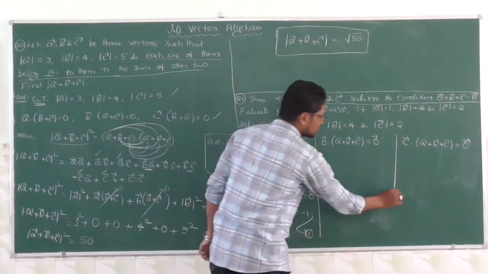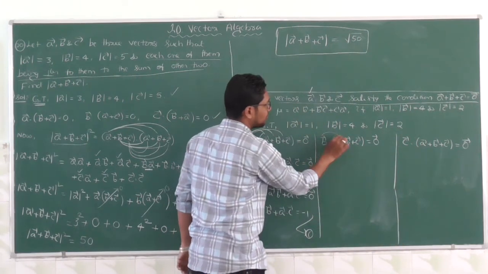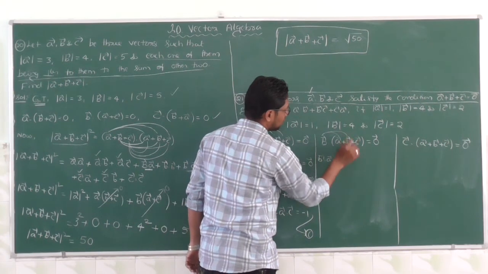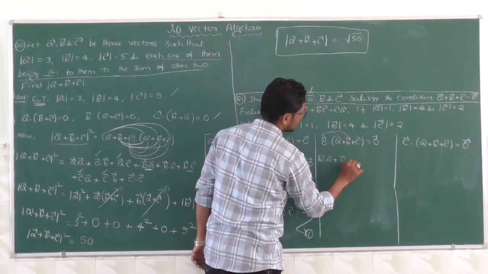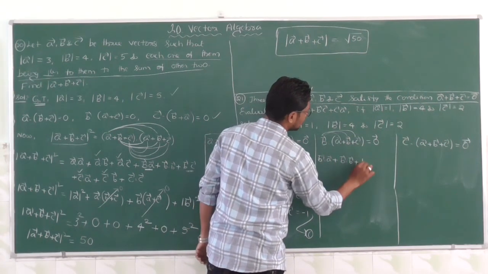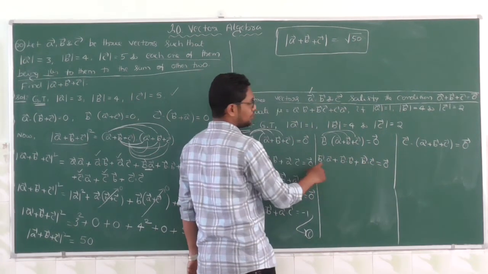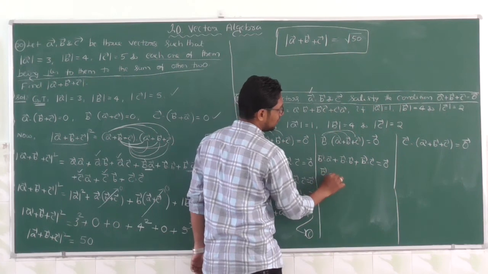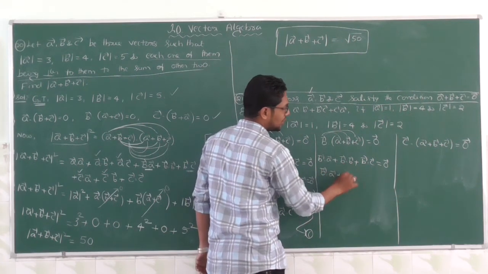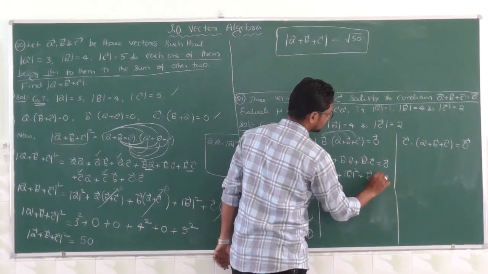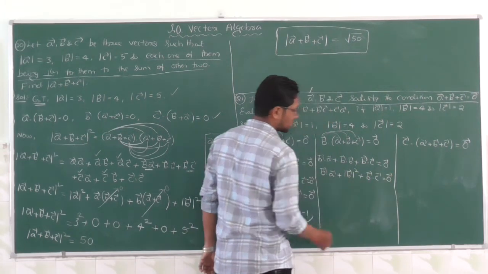Next, similarly, B dot A plus next B dot B plus B dot C equals to 0 vector. B dot B is what? Magnitude of B squared plus B dot A plus B dot C equals to 0 vector.